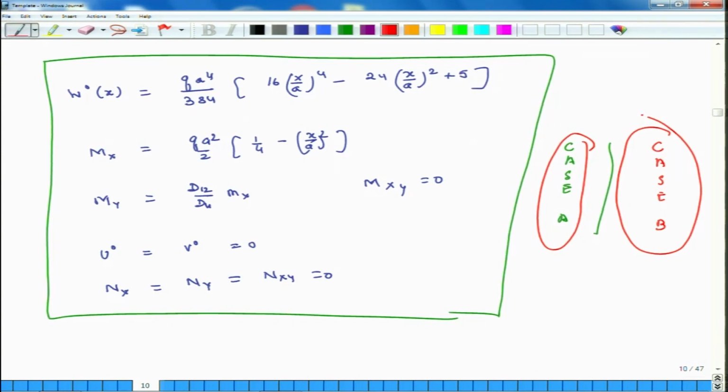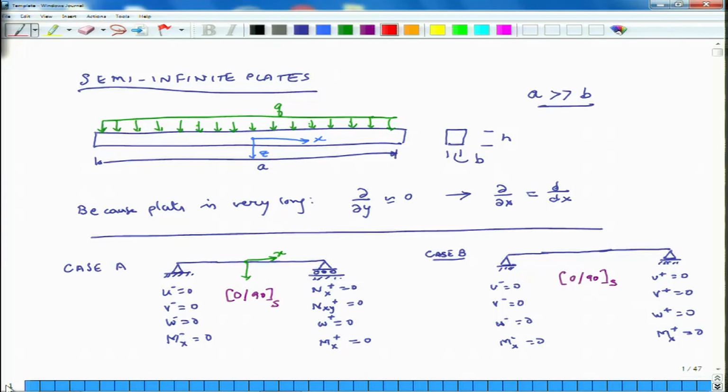Now you will be wondering why this is the case, because the boundary conditions in the two cases are different. The boundary conditions in case A are different from those in case B, specifically at x equal to plus a over 2 end.